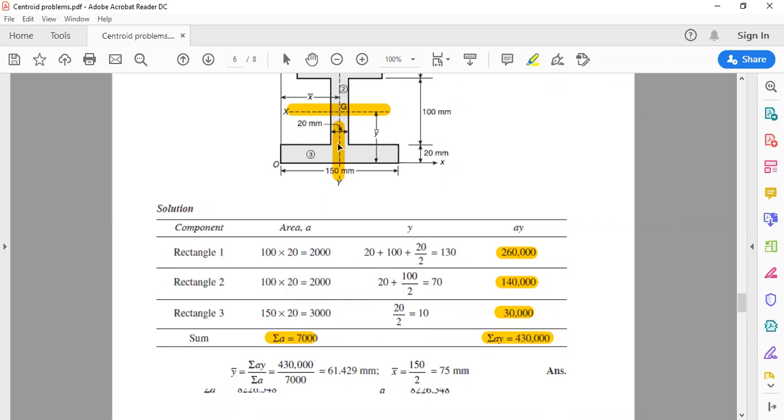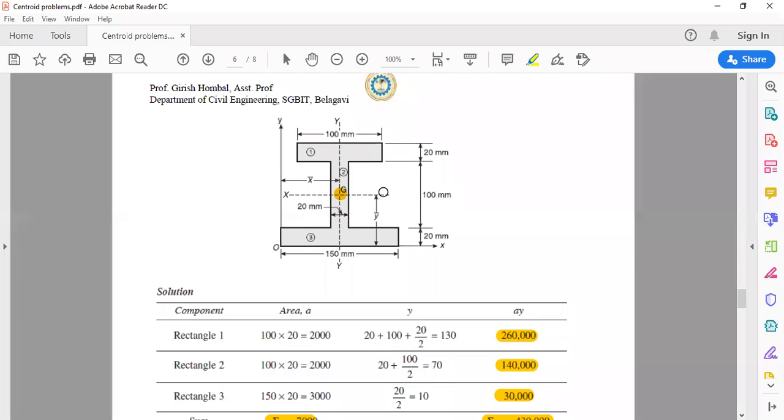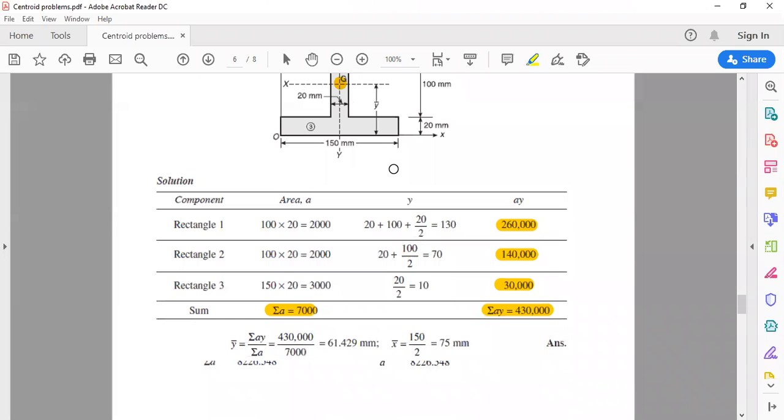So these two lines actually meet at a common point. That common point is nothing but the centroid of the I section. So you have calculated the centroid of the T section as well as for the I section in today's class.